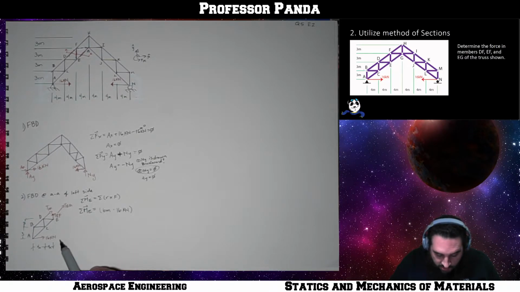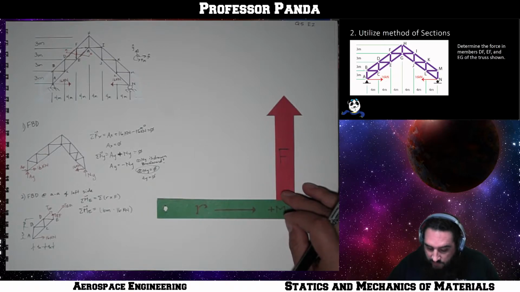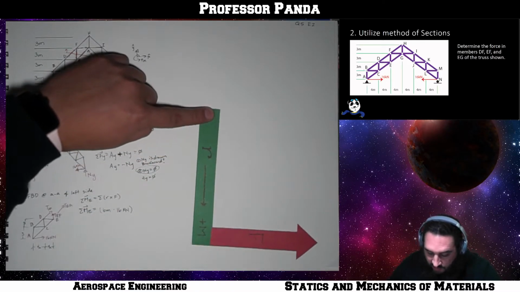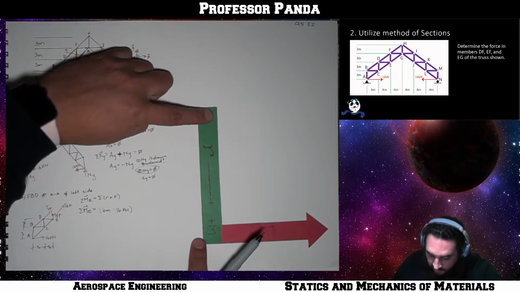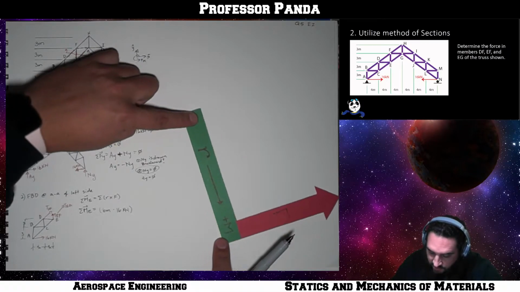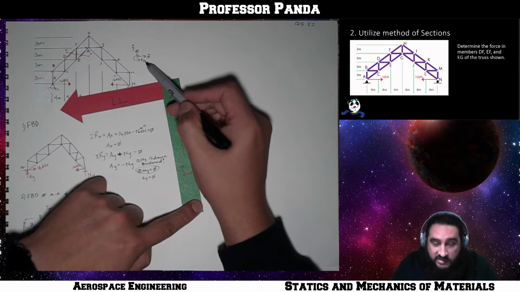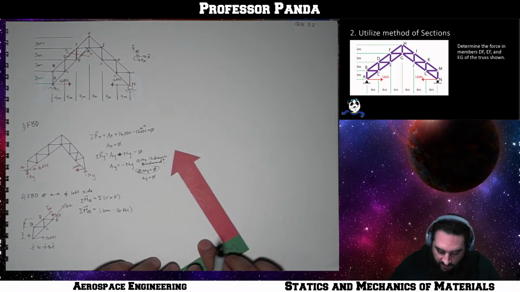Okay, so the first time I'm using this guy. This is my little R cross F. Okay, so this is going to be my pin at echo. So if I put a pin at echo, and this is my force, my 16 kilonewton force, it's going to be rotating this direction, which agrees with my positive convention, which means this remains positive.